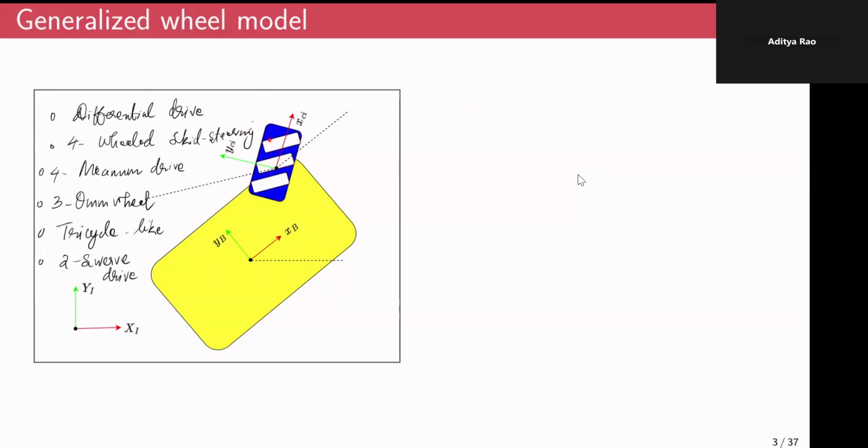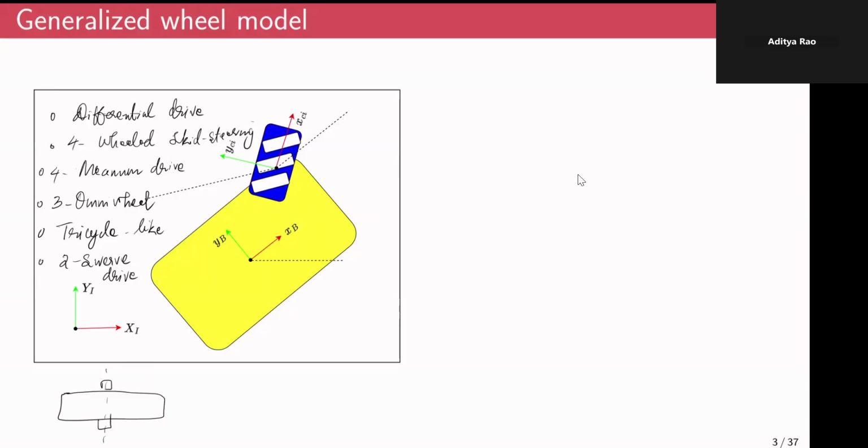These passive rollers enable the wheel to slide in a lateral direction, as opposed to a conventional wheel. If I draw a conventional wheel like this, and you consider this axis to be the hub of the conventional wheel, it will have infinite resistance along the lateral direction, right?